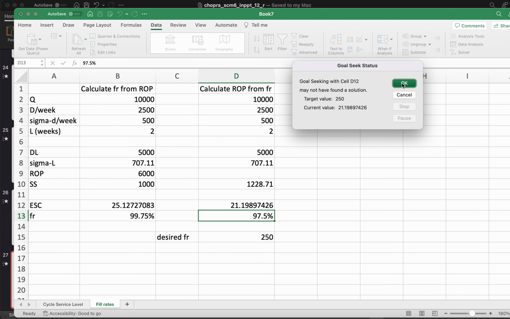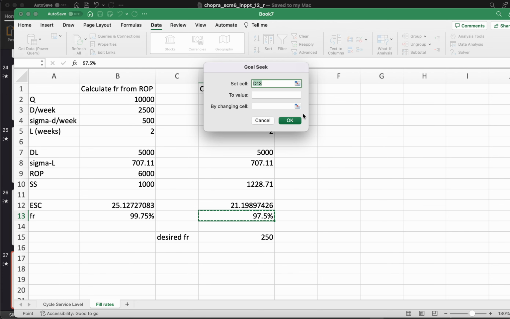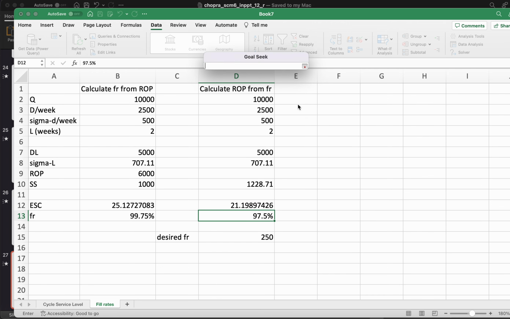That's weird, it's a problem with doing it on a Mac. So we want the value of this cell here to be 250, by changing the value in this cell.